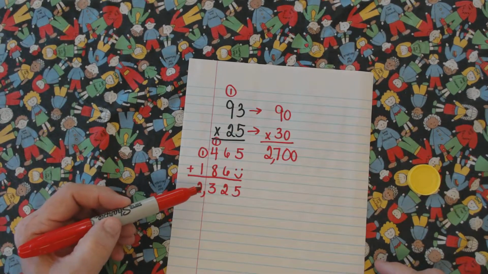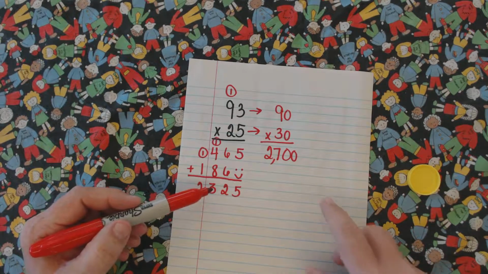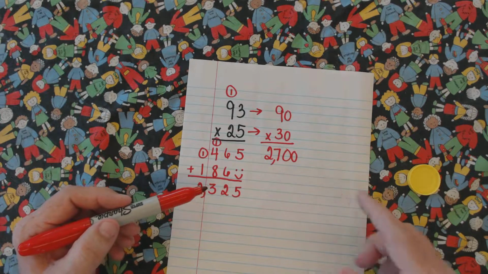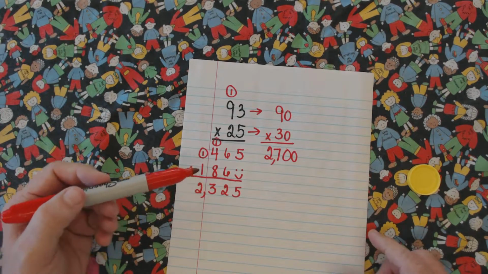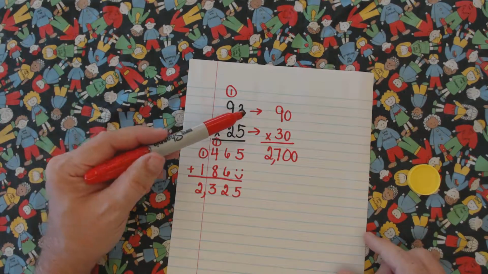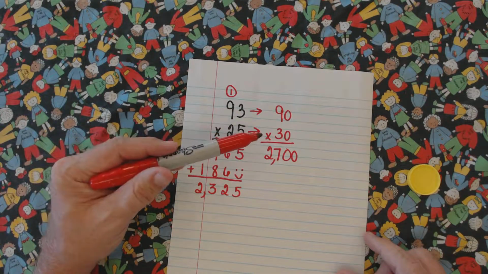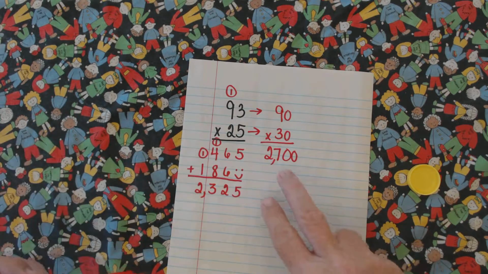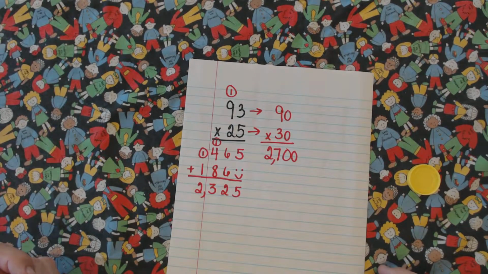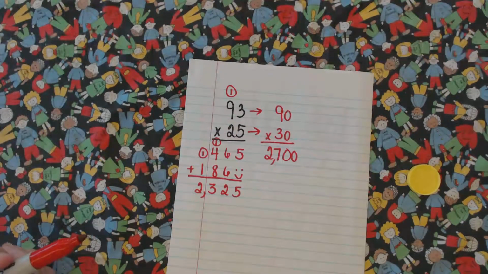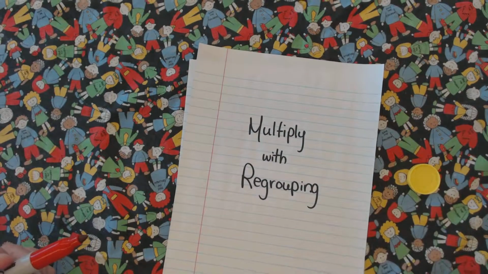We compare our answer. 2,325 is in the ballpark of 2,700. It's a little bit less, and while we rounded 93 down, we rounded 25 up. So that's kind of a big round up. That's why we have a little bit of a gap there. And that's how we multiply with regrouping.